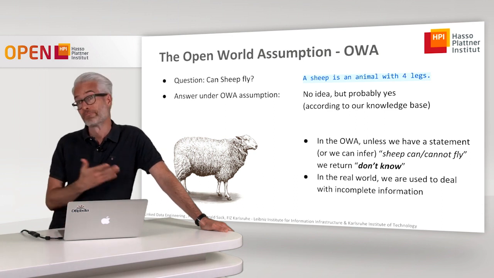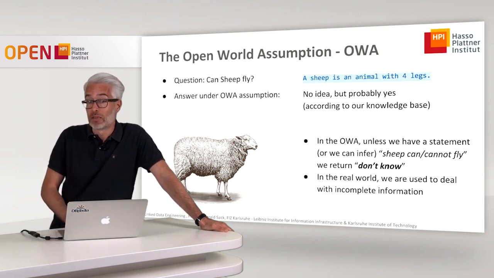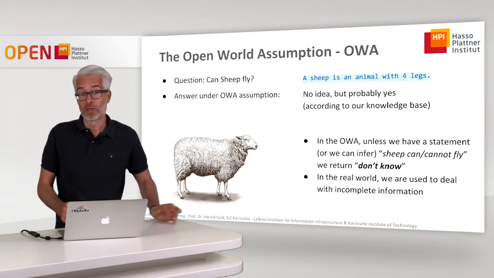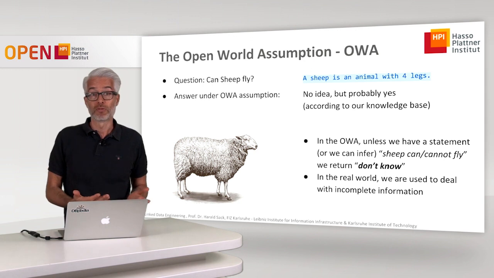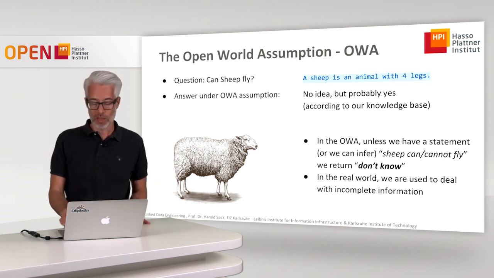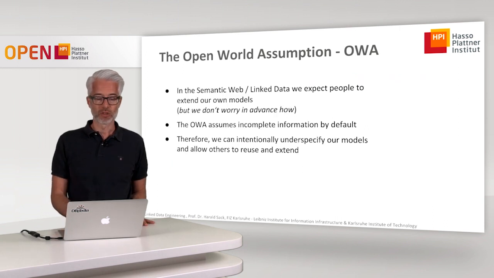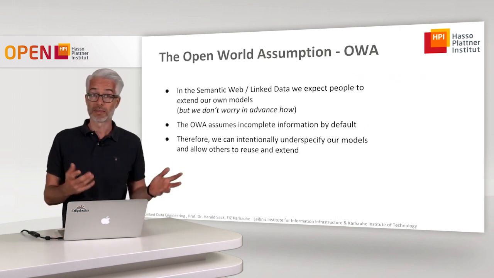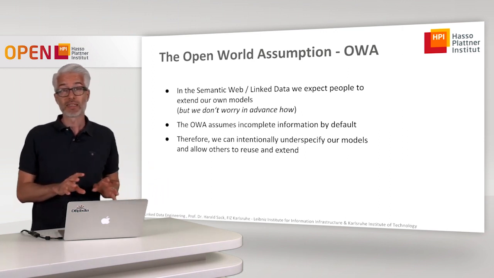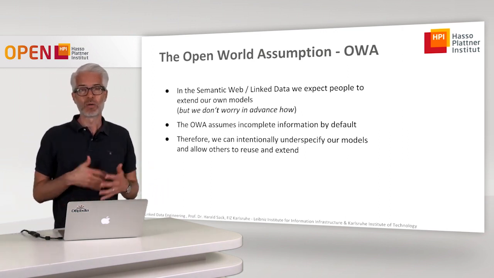In a real world, of course, we are used to deal with incomplete information in our everyday life. So this is quite normal for us. So therefore, also here in the semantic web and in linked data, we are following an open world assumption, which also has some other benefits. So in the semantic web and linked data, we expect people to extend our own models.